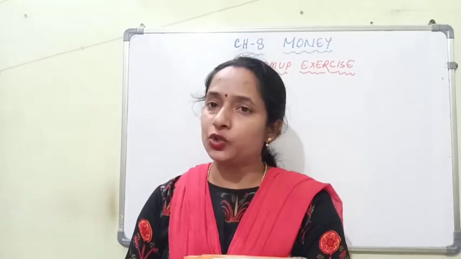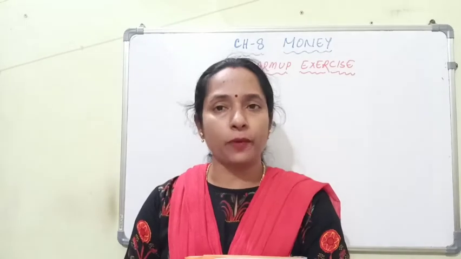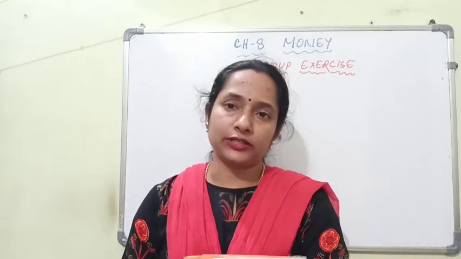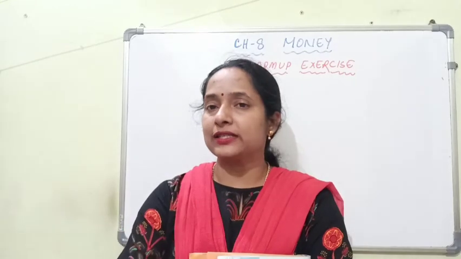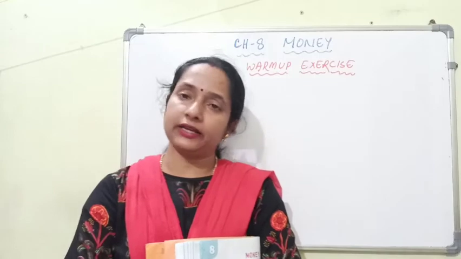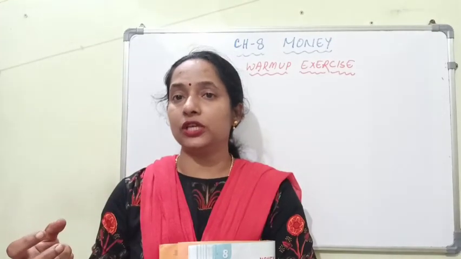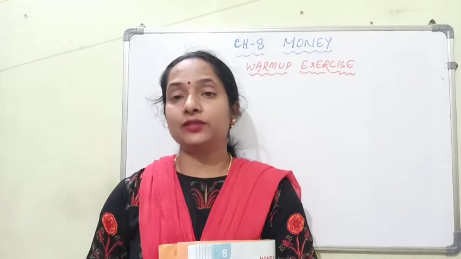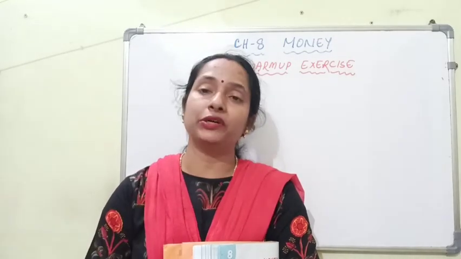So here there are two characters in this question, Mrs. Ghosh and the shopkeeper, that is the grocer. Mrs. Ghosh is going to buy some spices. She is going through the rate list, meaning the cost of different spices, as well as the rate of the items that she wants to purchase.